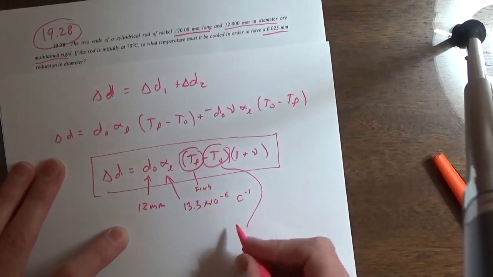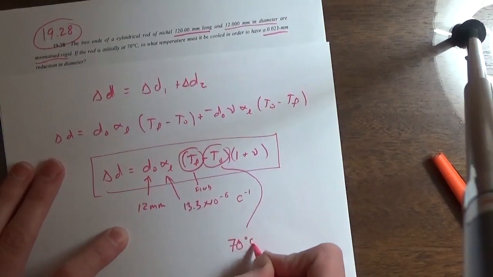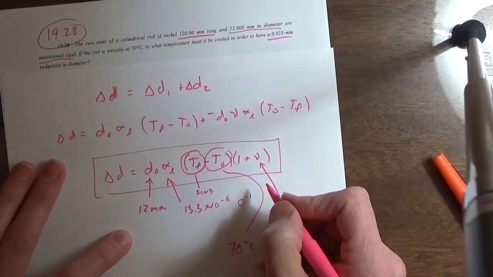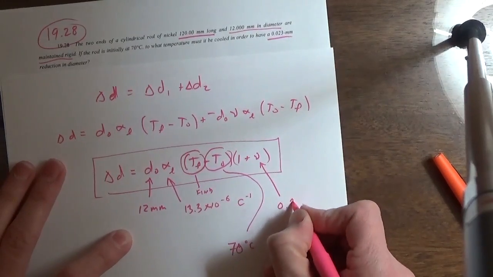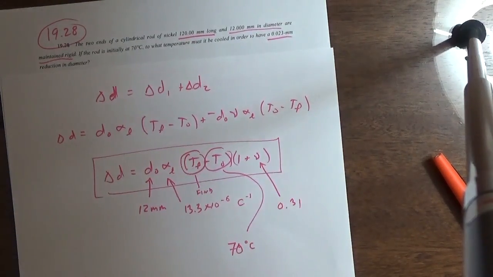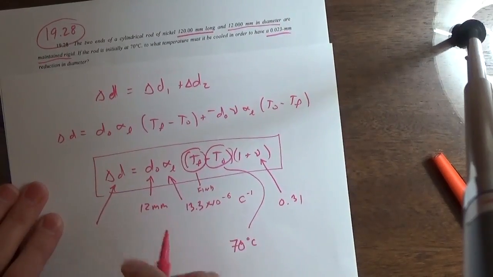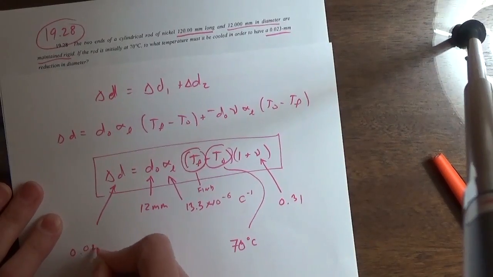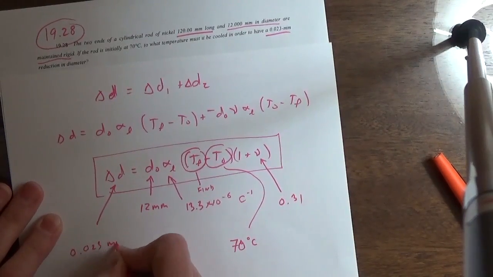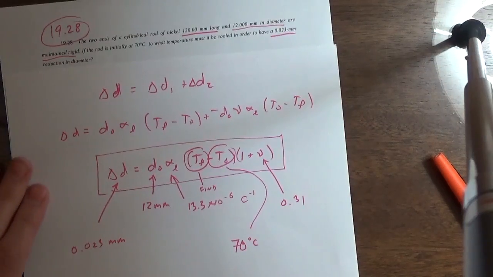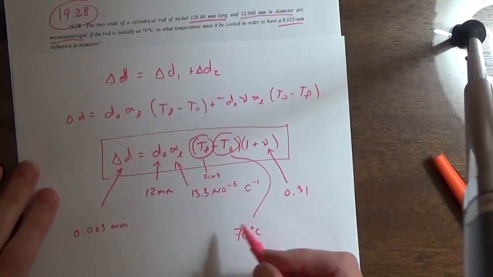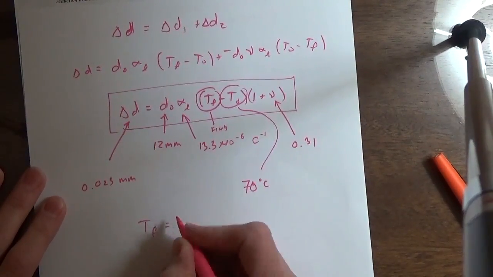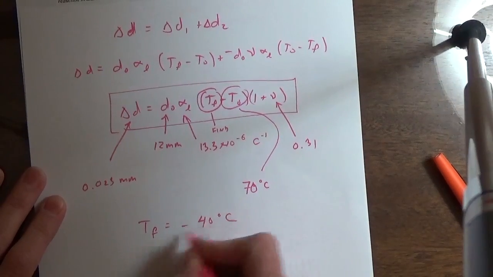T0 is 70 degrees C, and Poisson ratio for nickel is 0.31. And this is 0.023 millimeter. Which means that we can find Tf is equal to minus 40 degrees C.